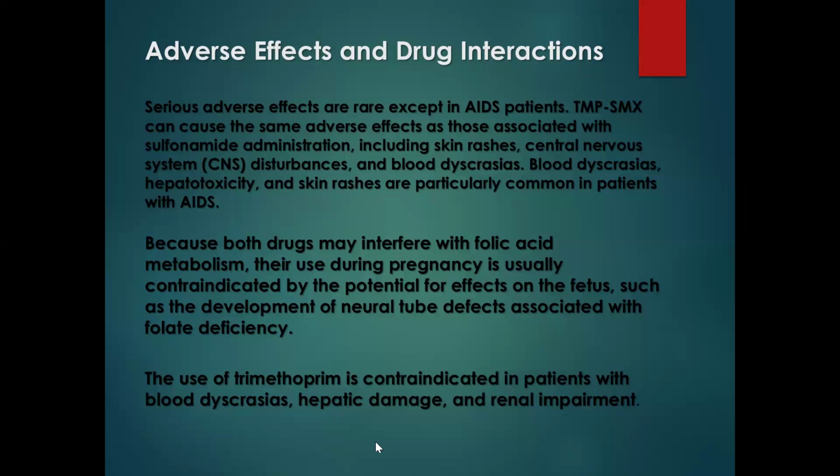So the use of trimethoprim is contraindicated in patients with blood dyscrasias or who have hepatic damage, that is, those whose liver has been damaged for whatever reason, such as cirrhosis, or who have renal impairments.